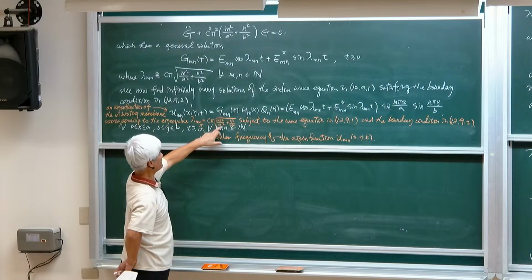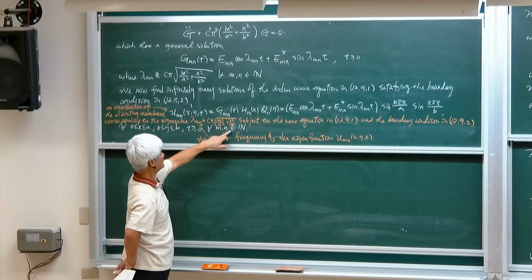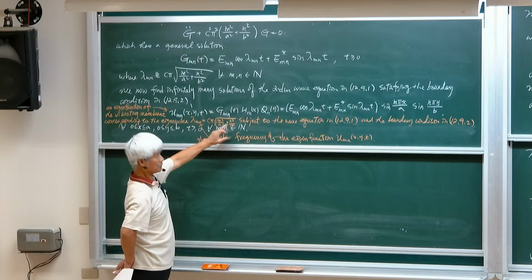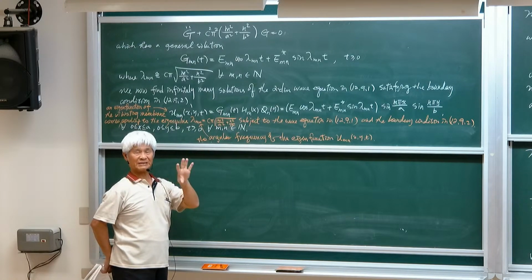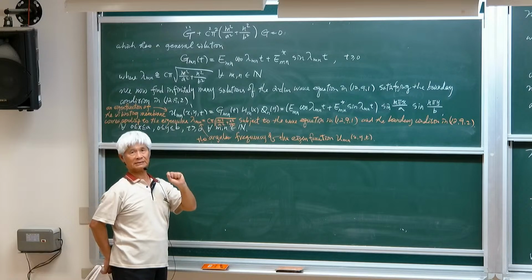It depends on a and b, of course. So for example, if a and b equal to 1, then m equal to 1, n equal to 2, or m equal to 2, n equal to 1, right? They will have the same lambda, but with different mn combination.